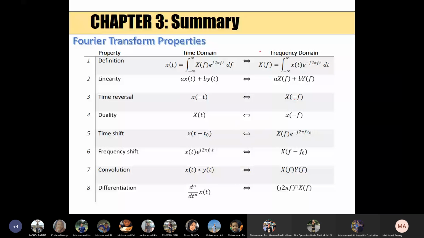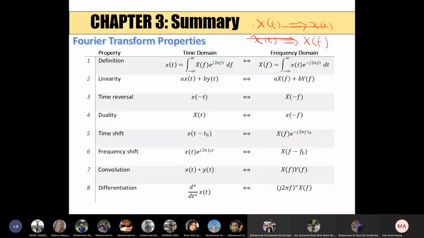So basically, if you are given x of t, then you can find x of f, right? If you are given x of f, you can find x of t, right?